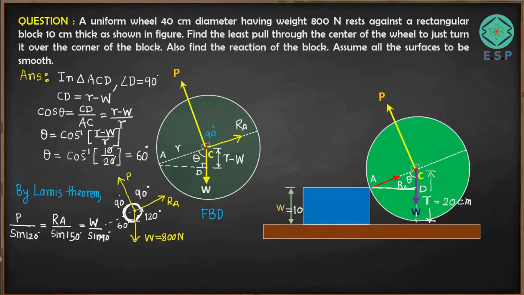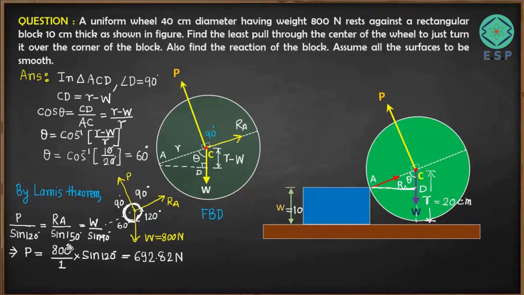So if you solve this particular equation, you can find the value of P. How to find the value of P, friends? I will take this one and this one together. So we'll get P equals the weight, which is 800, and sine 90 is going to be 1, into sine 120, okay. So if you calculate 800 into sine 120, you'll be getting 692.82.